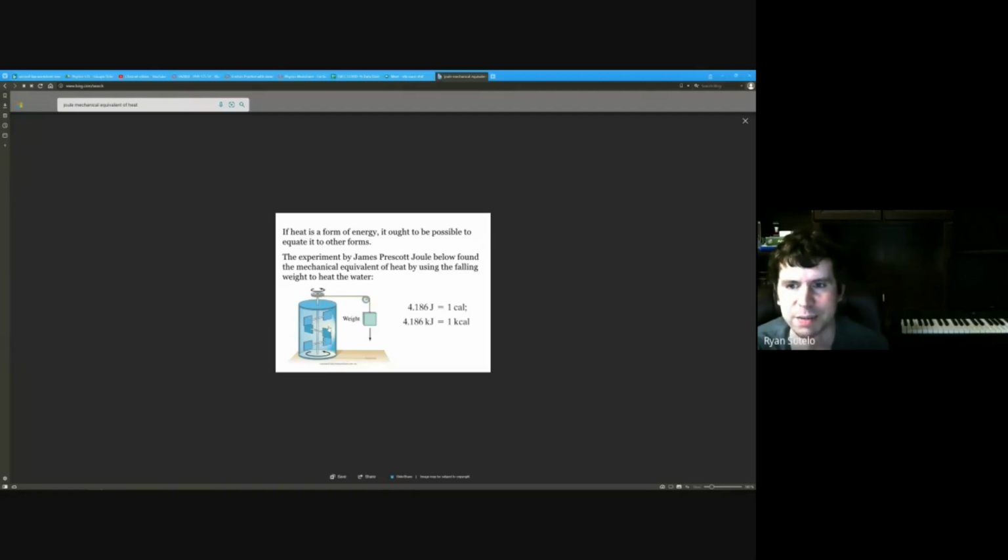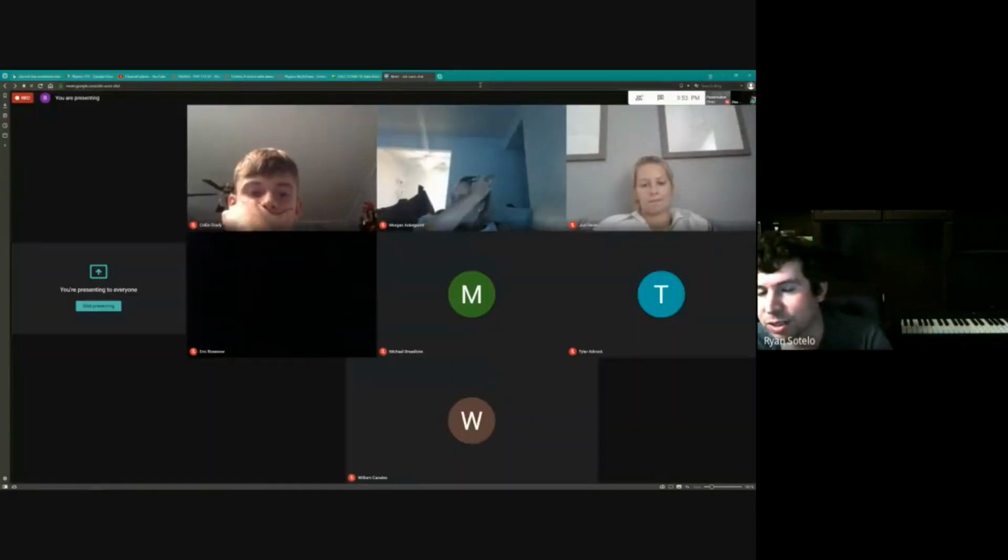So they came up with what they called the mechanical equivalent of heat, which is like the motion equivalent of heat. And they were able to show that heat is energy. The energy is not lost. It doesn't die. It transforms. So very interesting. That's why the unit of energy is the joule.